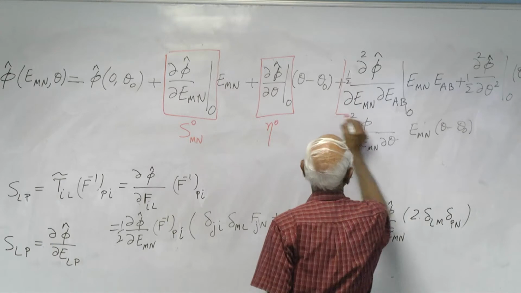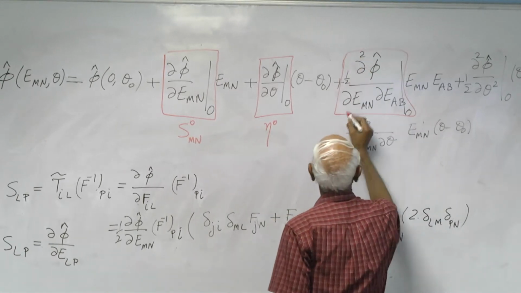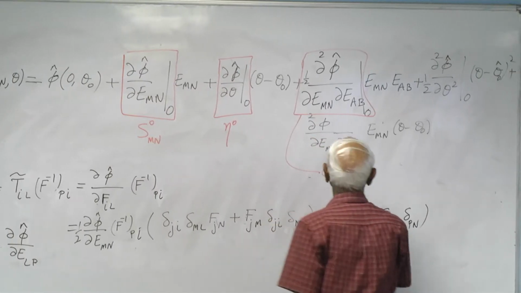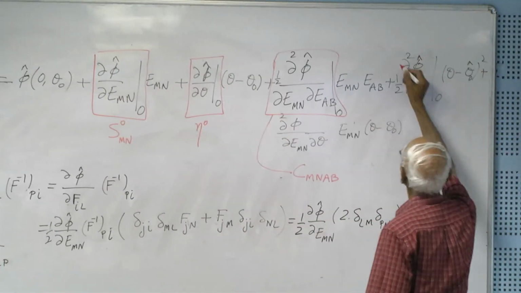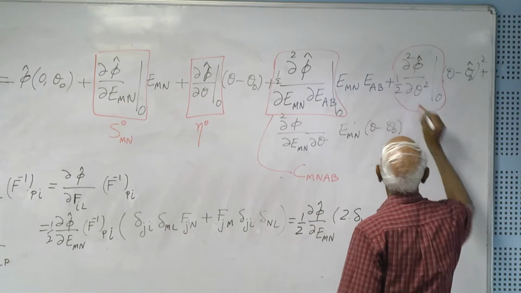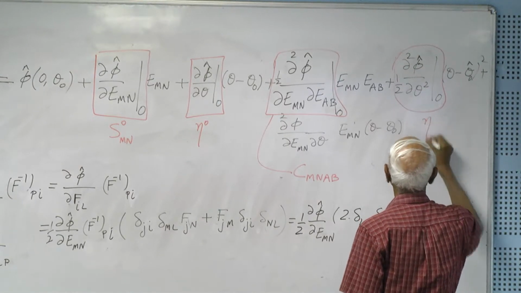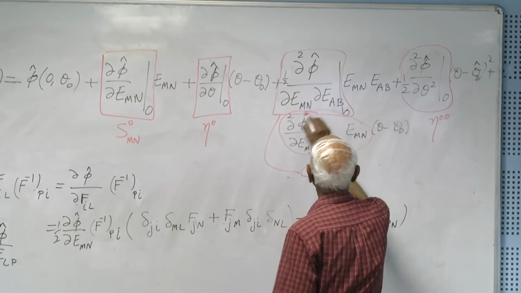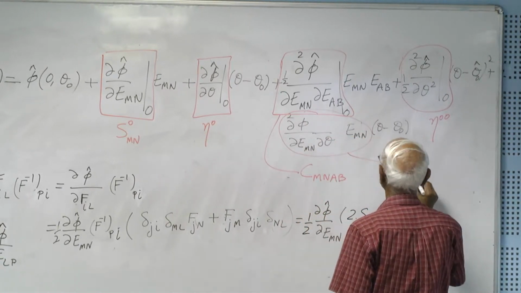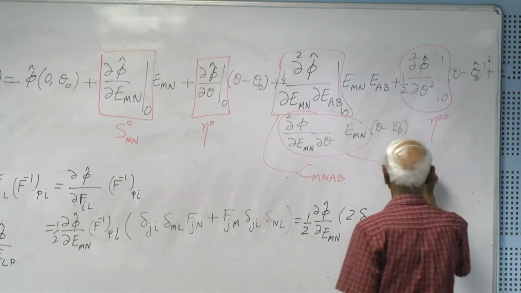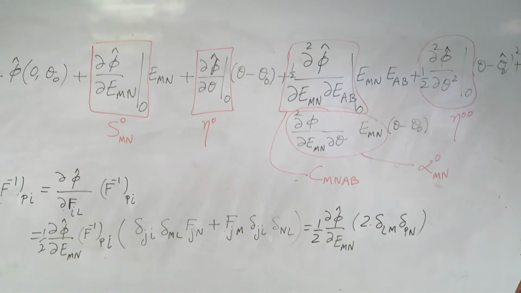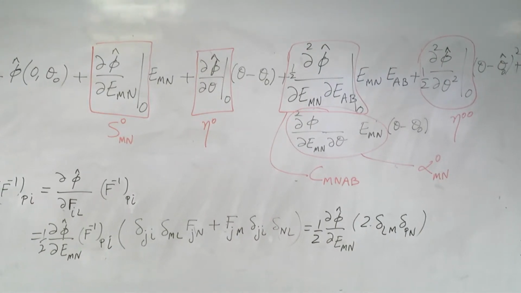We denote this by C M N A B, and this one, I don't know, say eta 0 0, and this one by alpha M N 0. Because I don't want to write those derivatives again.